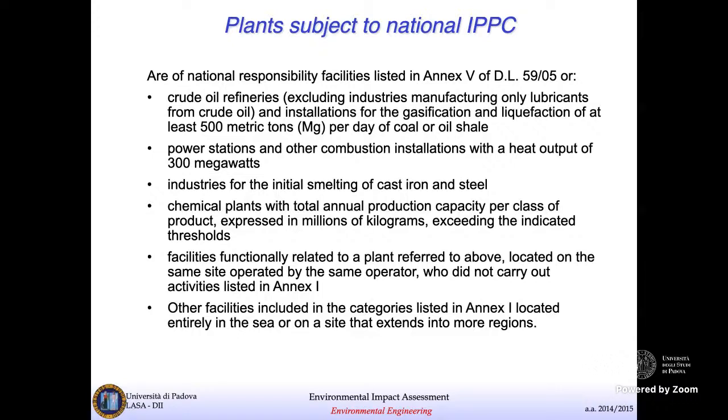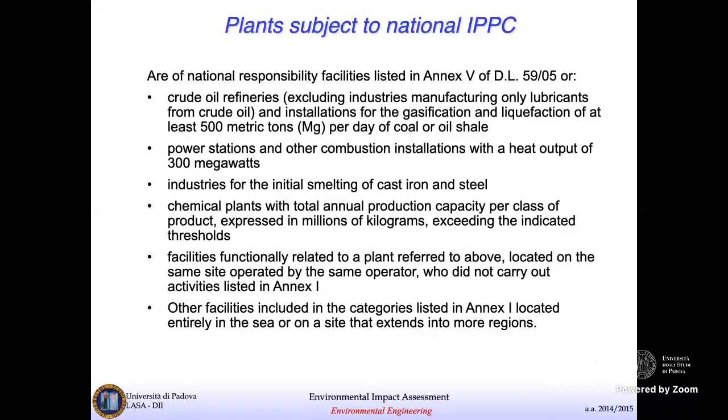Which are the plants subject to national IPPC? Of national responsibility are the facilities listed in Annex 5 of Law 59/2005: crude oil refineries, excluding industries manufacturing only lubricants from crude oil, and installations for the gasification and liquefaction of at least 500 metric tons, megagrams, per day of coal or oil shale.